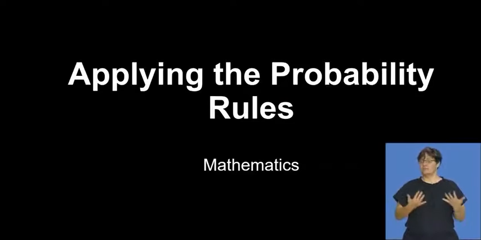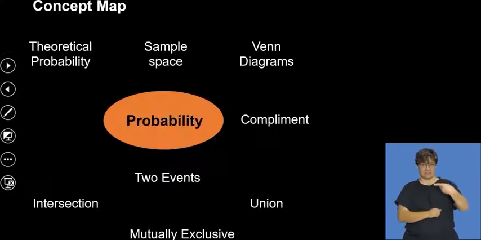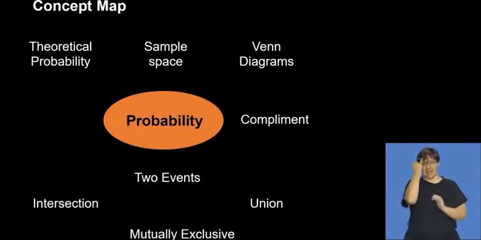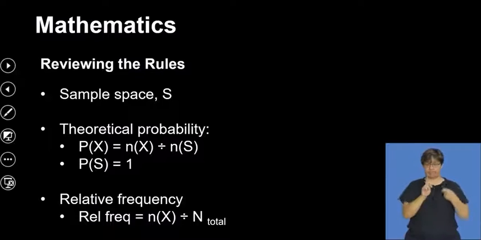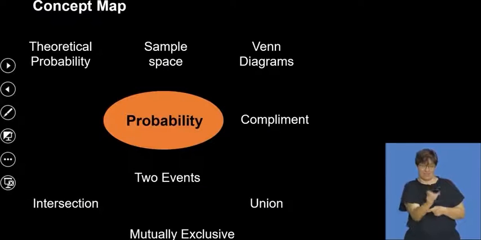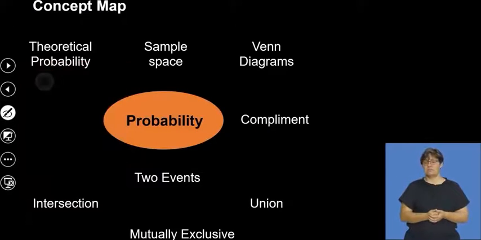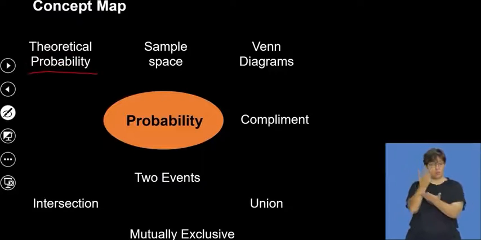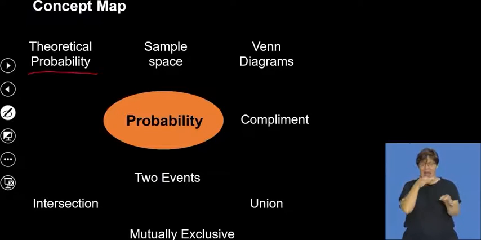The first thing we're going to do is remember that we've got our concept map, which deals with the key ideas. Now, for learning about probability or anything in maths, remember mathematics is a learning subject. Don't let anybody fool you. There are certain things that you're going to need to learn, and amongst those are your definitions. When we talk about theoretical probability, you must know how to define it.